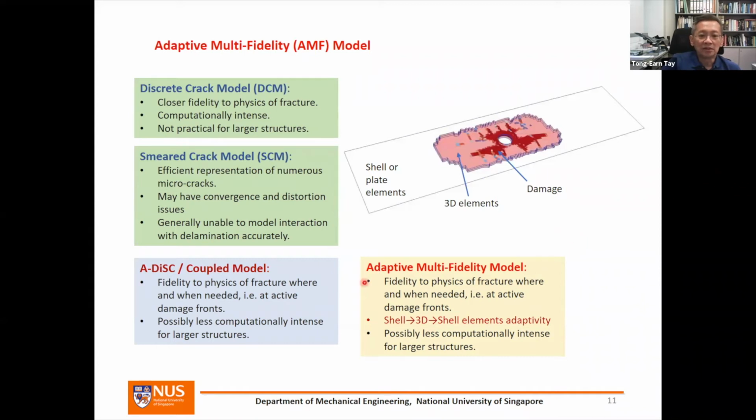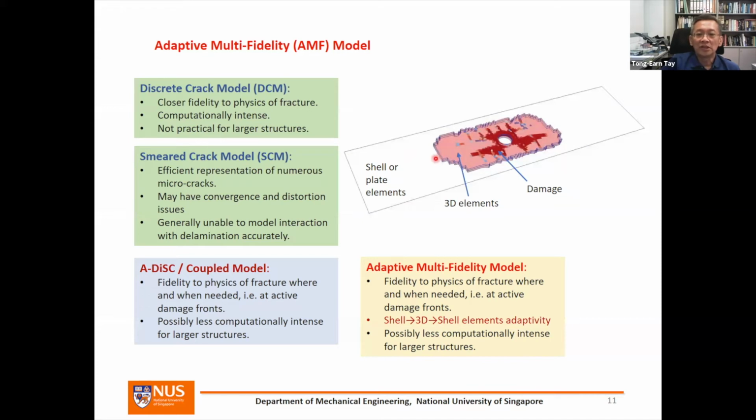But beyond this, we have now proposed an adaptive multi-fidelity model. In this model, what we do is that instead of modeling laminates through 3D finite elements, we can progressively change the model where the damage occurs, and where it is needed, we preserve the 3D nature of the model.